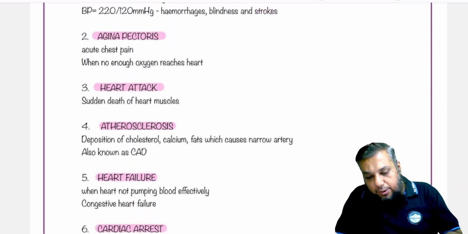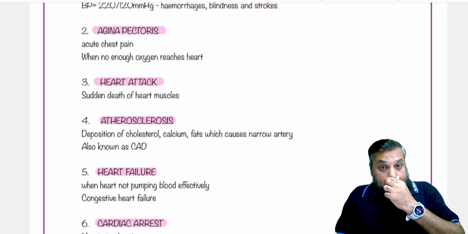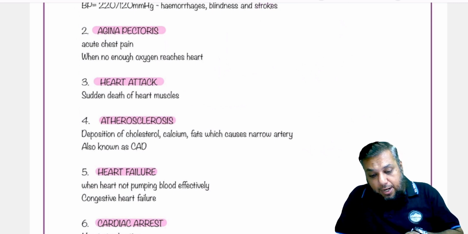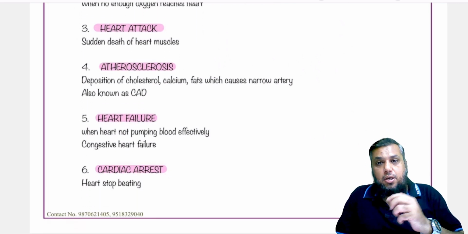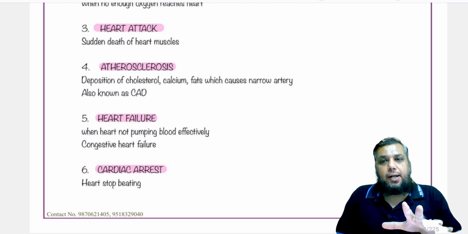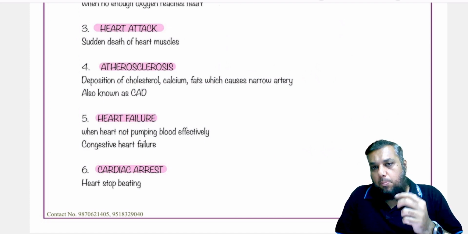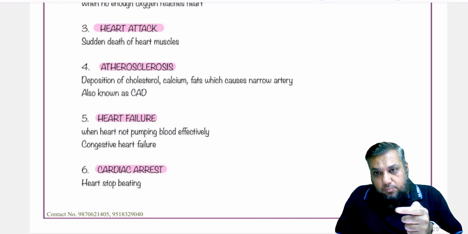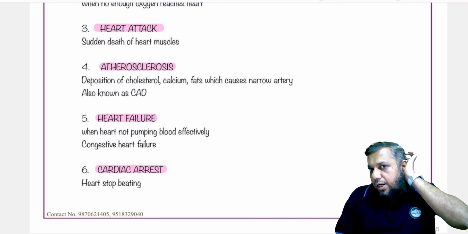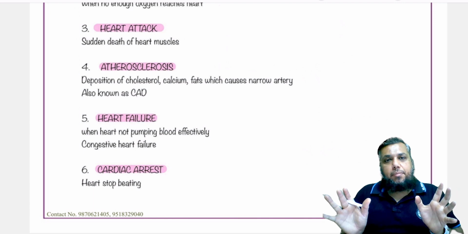So that is what a heart attack is. And the difference between a heart attack and a cardiac arrest is when your heart stops beating immediately, it is called a cardiac arrest. Okay, so a blockage in the conducting system or a major heart attack can result in a cardiac arrest where your heart stops beating immediately.